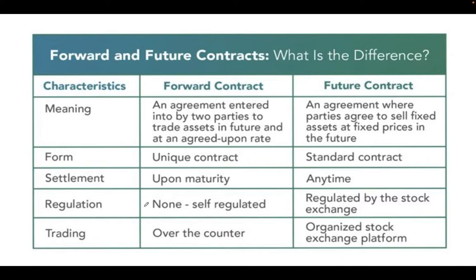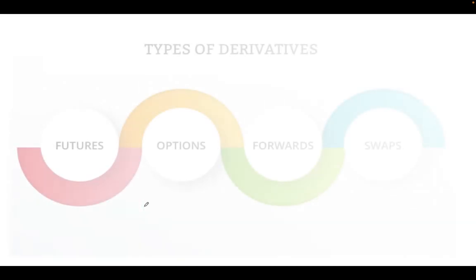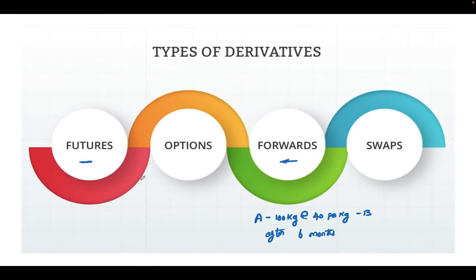Next is options. An options contract is one which gives the buyer the right but not the obligation to buy or sell a contracted quantity of the underlying at a predetermined price on or before a specified date.